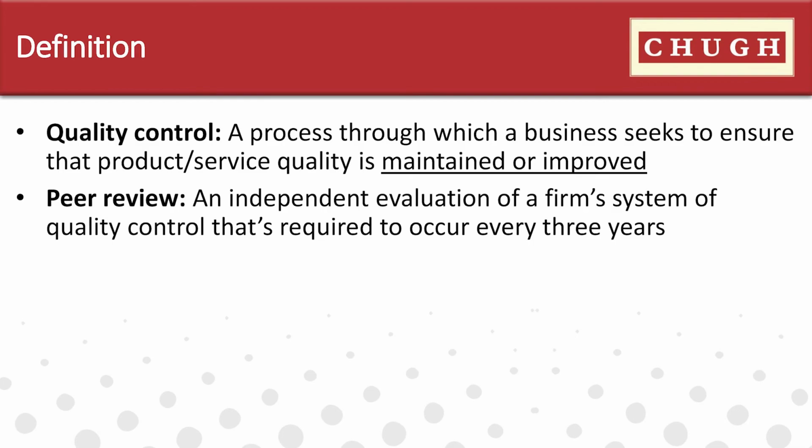They go hand in hand. Quality control is what a peer reviewer looks at or examines. Please note that a firm is responsible for its quality control system, and the peer review monitors compliance with that system, whether it's working effectively or complying with the applicable standards.